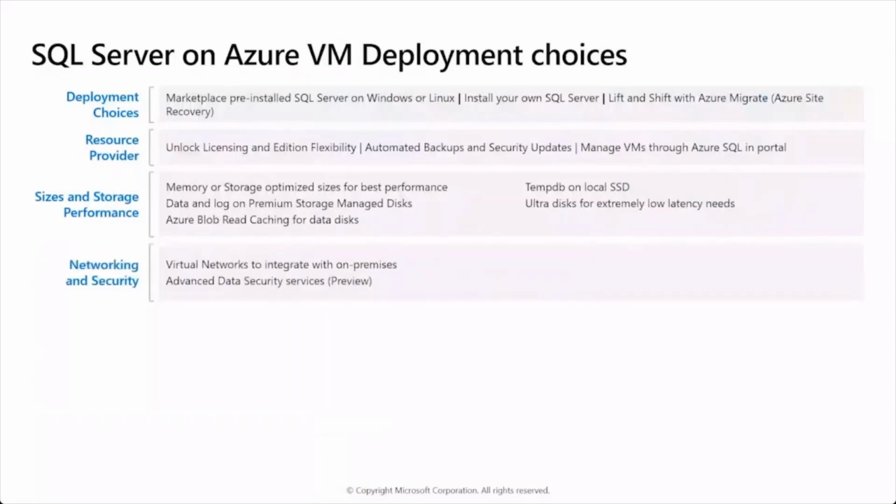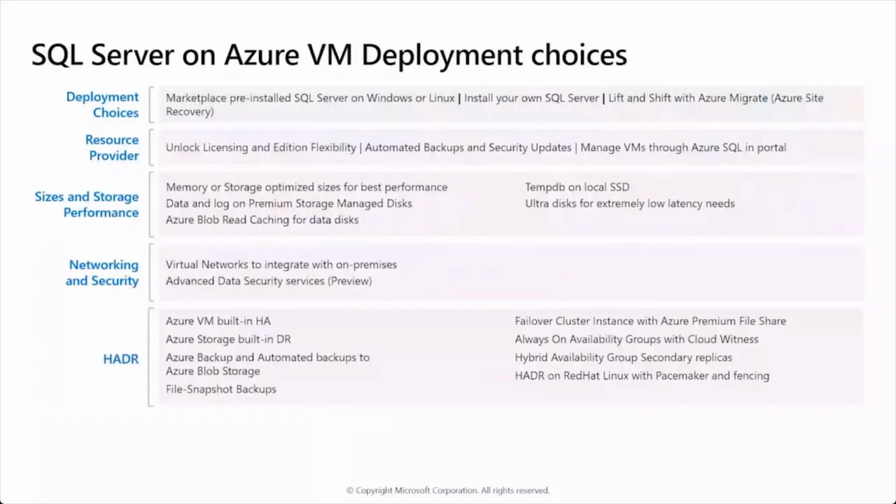In terms of network and security, you can integrate your Azure Virtual Networks with your on-premises network so that your SQL Server databases can communicate back on premises with the applications that might still be on premises. You can access advanced data security services in the cloud.